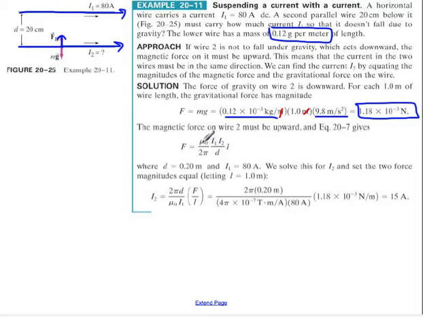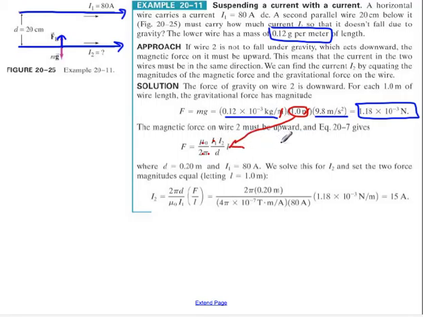We have 80 amps in the first one, so we can put that right here. Mu naught and 2 pi are just constants. L was, did they tell us anything about how long they wanted? Oh yeah, remember we made this part 1 meter so that we could figure out, since it said 0.12 grams per meter. We could have said 2 and then put a 2 right here and doubled it. That was our choice, so we're going to put that in for L.